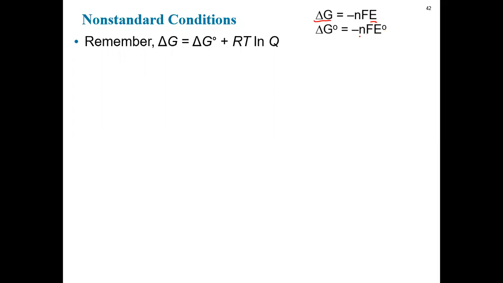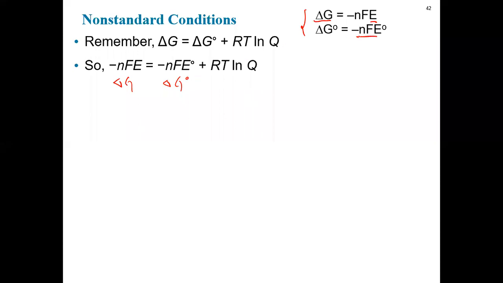You still have the same number of electrons and the same Faraday constant. Once we have these two equations, we plug them into here and we get this new equation. This was delta G and this was delta G0. We replace them by this and by this. So we get this equation, and we just do a little bit of manipulation of it.